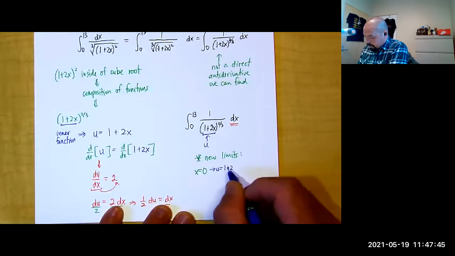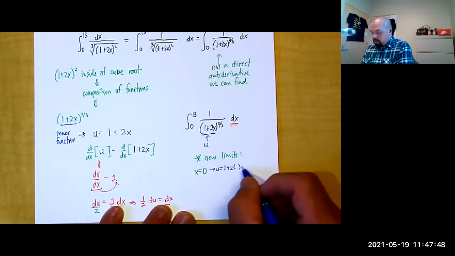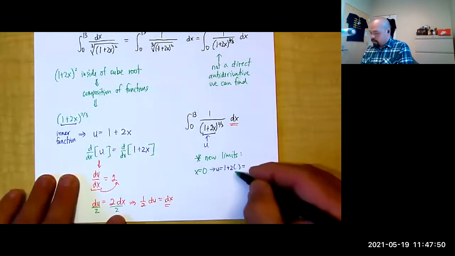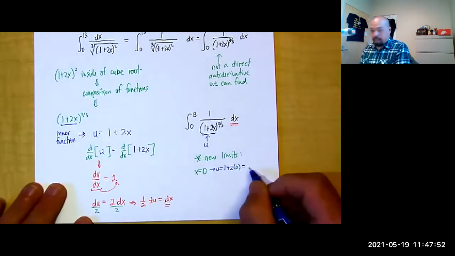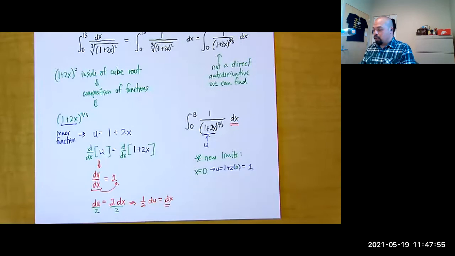So when x was equal to 0, our u, 1 plus 2x, right? 1 plus 2 times 0 becomes 1. So that's our new lower limit.